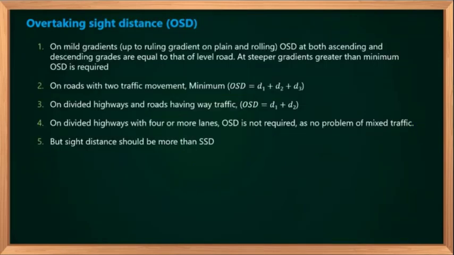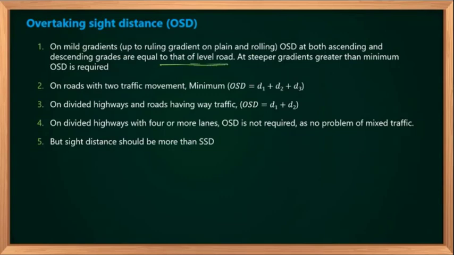So see here, on mild gradient, these are points you have to remember. On mild gradients up to ruling gradient on plain and rolling zone, the OSD at both ascending and descending gradients is equal to that of level roads.